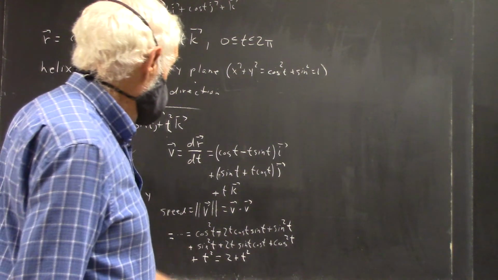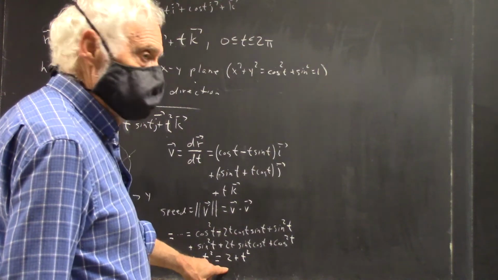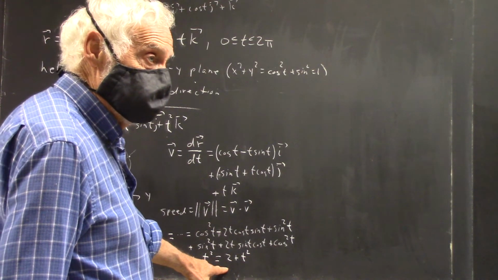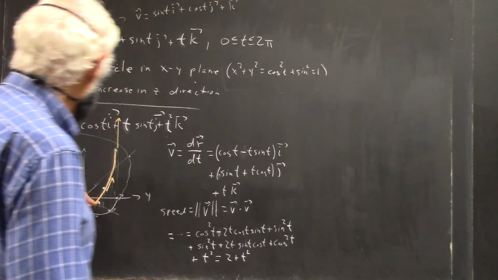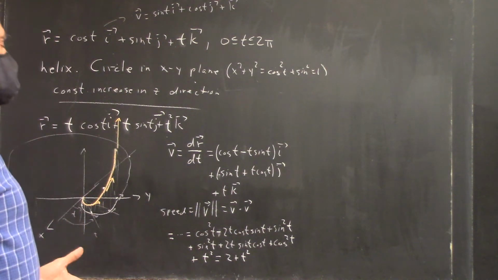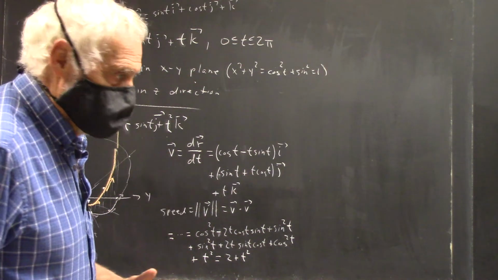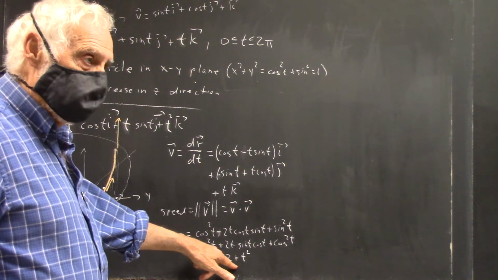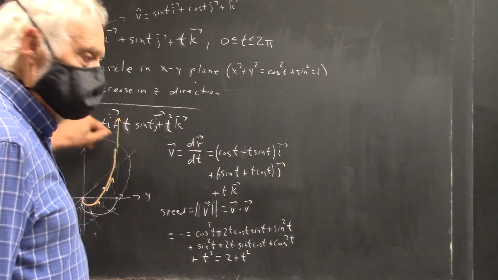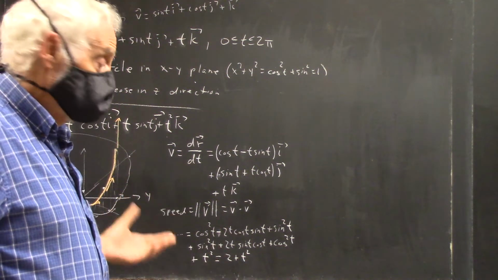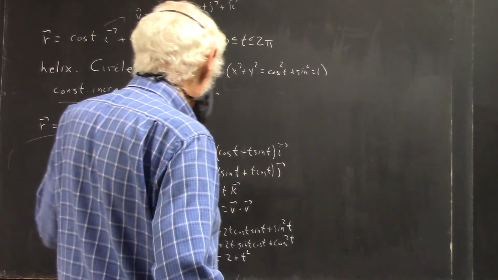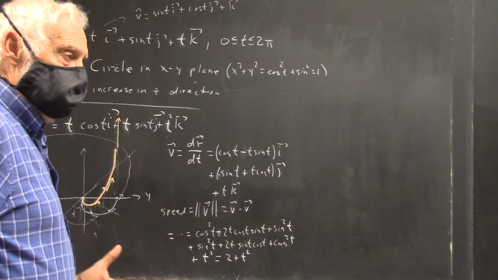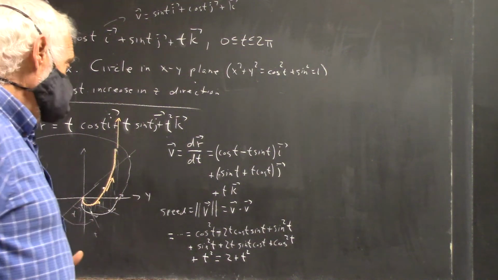So there's your speed. And you see it's not constant. That's not why these vectors get longer, but that's a rigorous confirmation of the fact that these vectors get longer. You can do a rigorous geometric argument as well, but the derivative gives you a handy way of symbolizing.